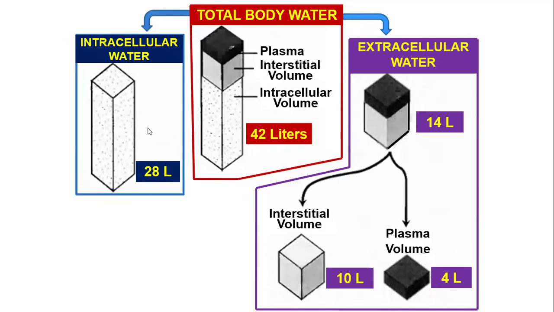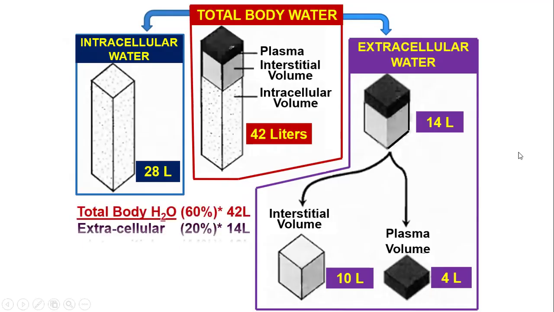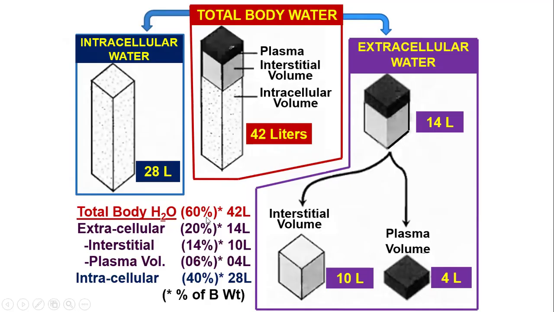Total body fluid or water is 60% of body weight, and 60% of 70 kg is 42 liters. Then extracellular fluid, your 14 liters, is 20% of body weight. 20% of 70 kg becomes 14 liters.